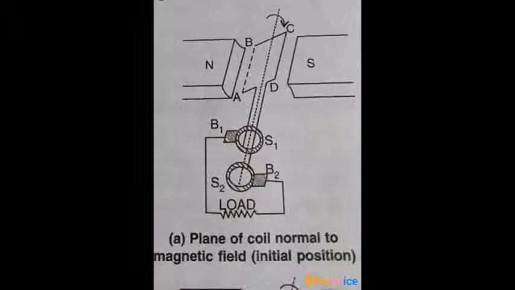D is connected to slip ring S2 where the brush B2 is touching and a load is connected over there. And since neither the coil is rotating nor the magnet is moving, there is no change in the magnetic flux and hence no current, no EMF is induced. The induced EMF is 0. This is the initial position of the coil.